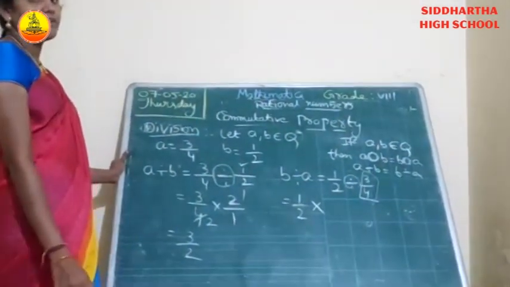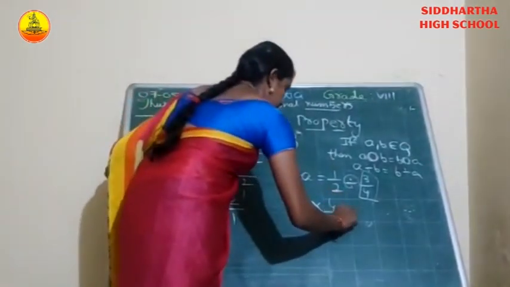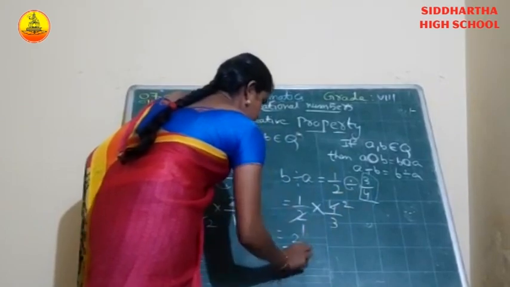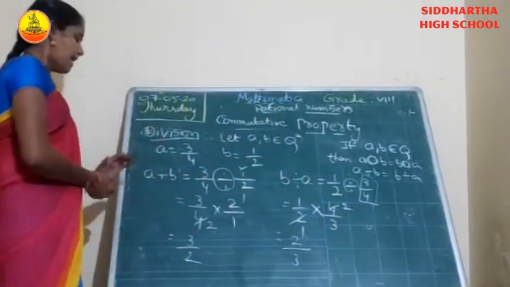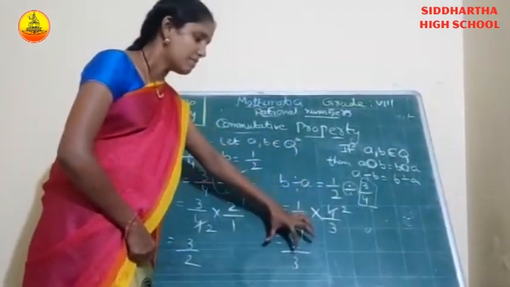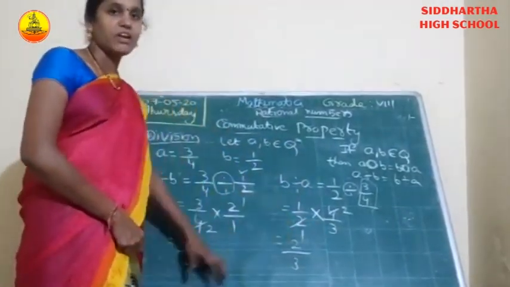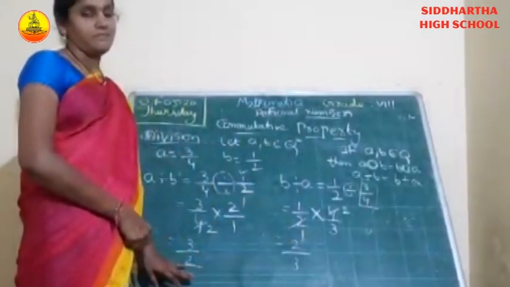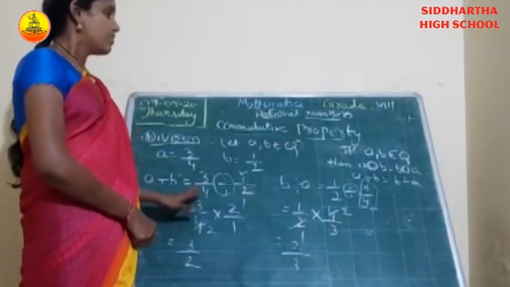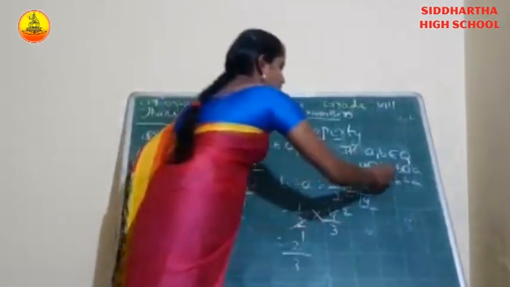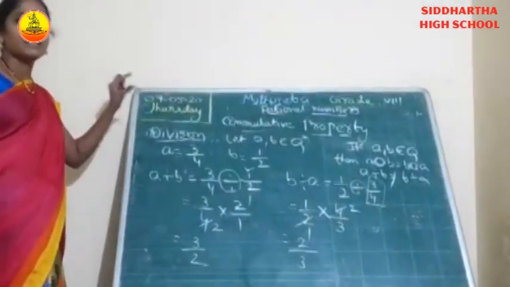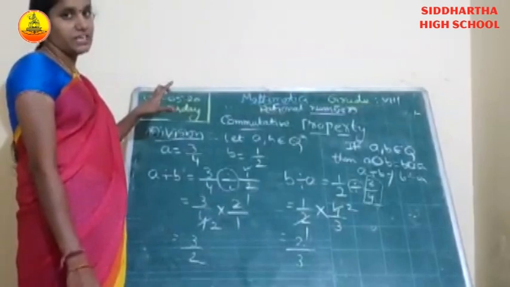The reciprocal of 3 by 4 is 4 by 3. 2 ones are 2, 2 twos are 4, you got the answer 1 twos 2, 1 threes 3. The value of A divided by B is 3 by 2. The value of B divided by A is 2 by 3. Are both equal or not? Both are not equal. This is the reciprocal of this number. So, therefore, A divided by B is not equal to B divided by A. That means commutative property is not satisfied under division.